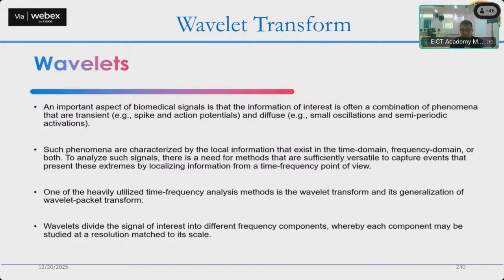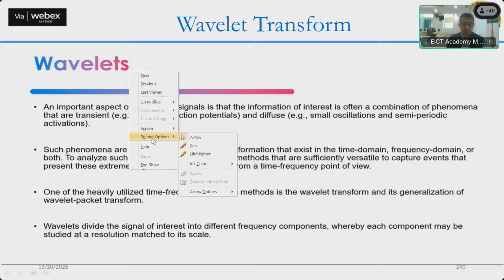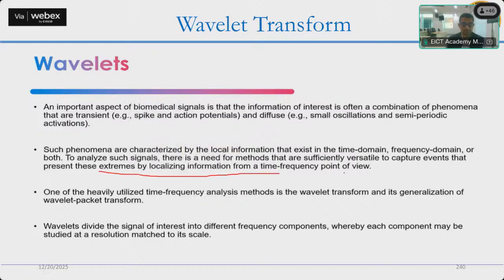Such phenomena are characterized by local information that exists in the time domain, frequency domain, or both. To analyze these signals, we need a method which can capture such events by localizing information in time and frequency. One of the heavily utilized time frequency methods is the wavelet transform and its generalization, the wavelet packet transform.